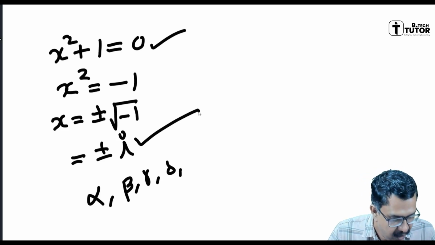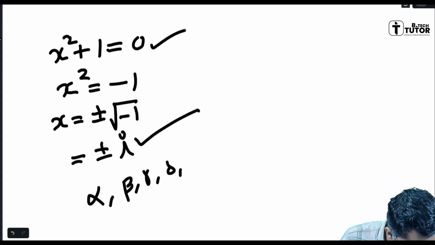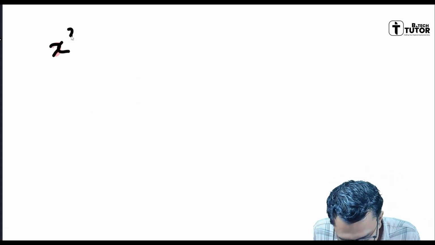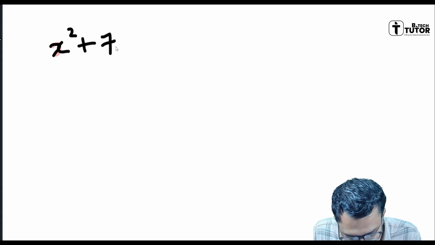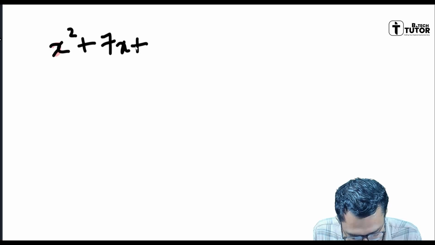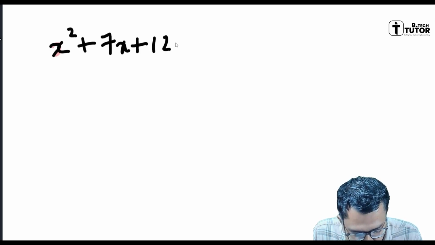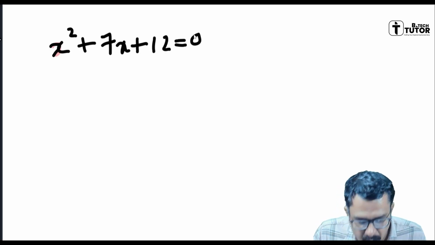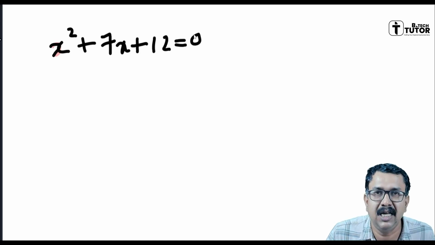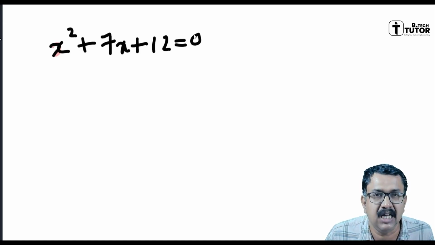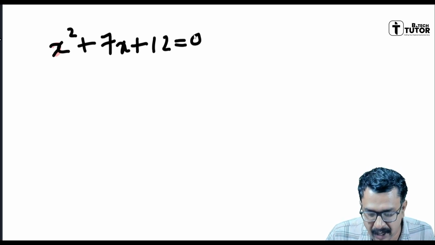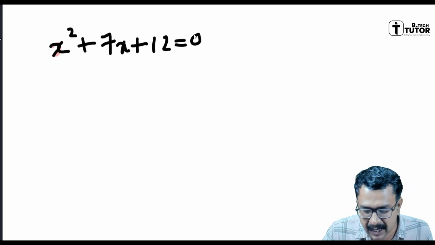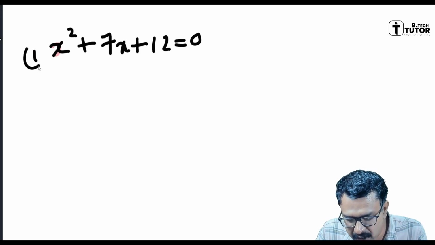Now we can move to our next question. The next question is x² + 7x + 12 = 0. How to do this problem? Here you may remember that the coefficient of x² is 1.